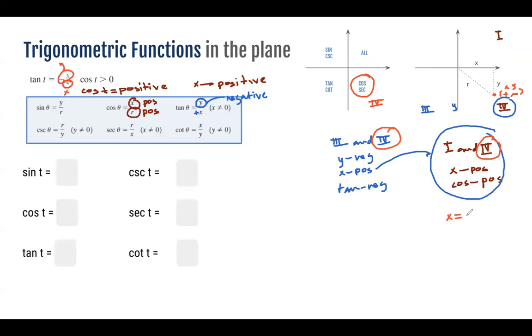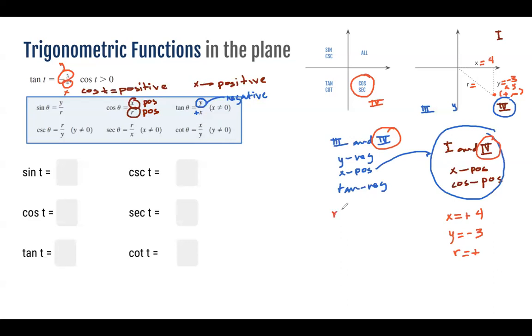So x is equal to +4 because of the quadrant, y will be equal to -3, and we're missing r, playing the part of the radius or the hypotenuse, as you prefer to see it. And remember that r is always positive.